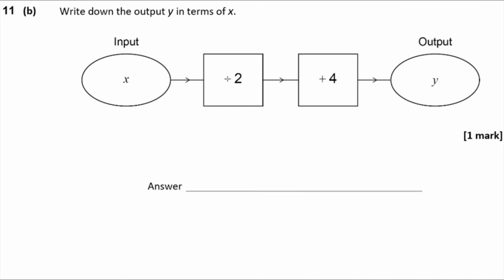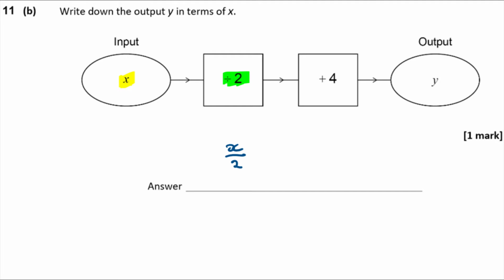11b says write down the output y in terms of x. So we're going to start with x, and then we're going to divide it by 2. I could write it like that, but it's probably better if I write it as a quotient like this, x over 2.